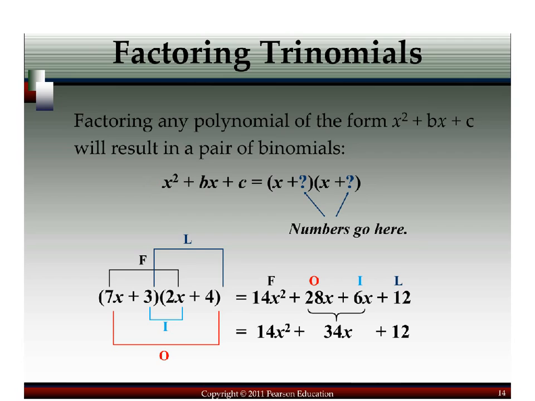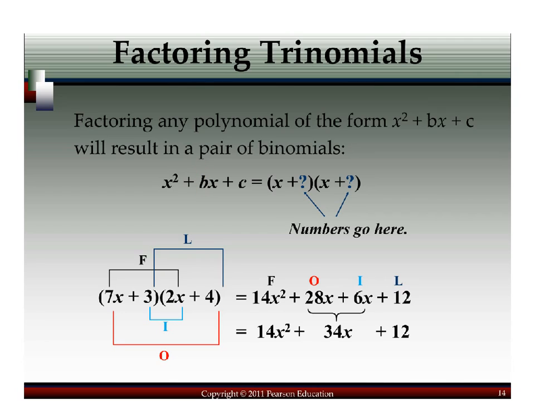There's no value of a before x squared. We'll look at how to factor the ones that have a number before x squared. But this one right here, we just write out x and x, and then what goes in these question marks are the two factors of c that add up to b.